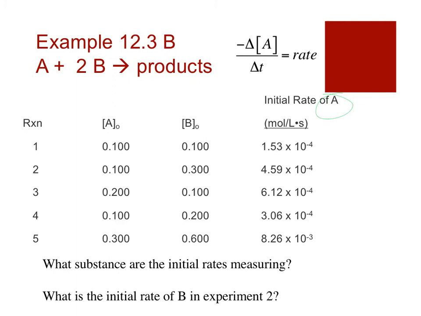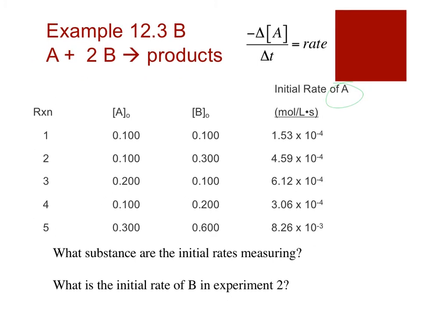So the second part of this then is going to be to find the rate law. So to find the rate law with two variables, now we need to isolate them one at a time. And if we look at experiment 1 to 2, we can see that A is not changing.